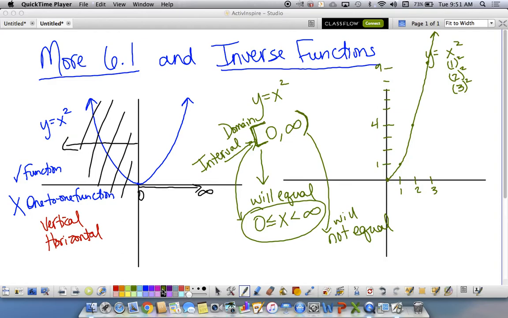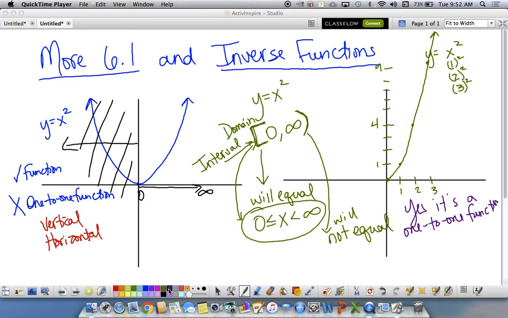So, is my y equals x squared with a restricted domain a one-to-one function now? Yes, it's a one-to-one function.